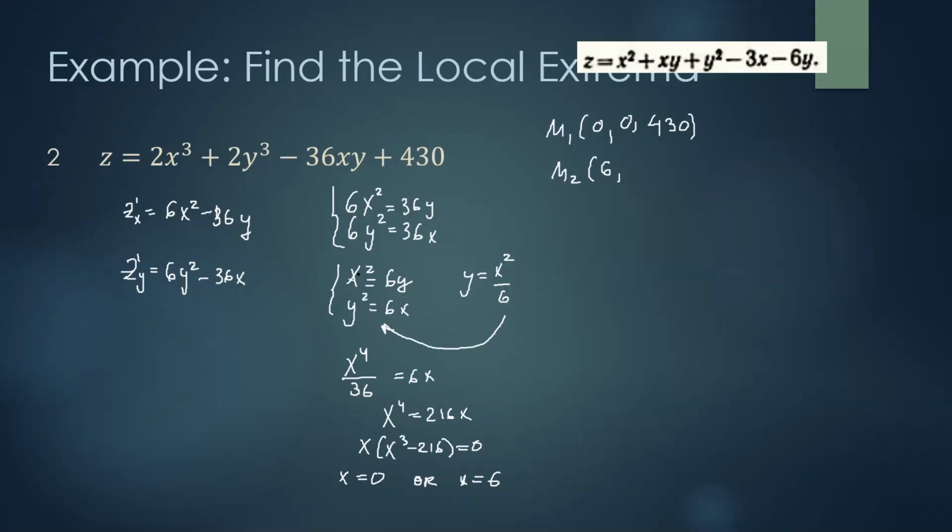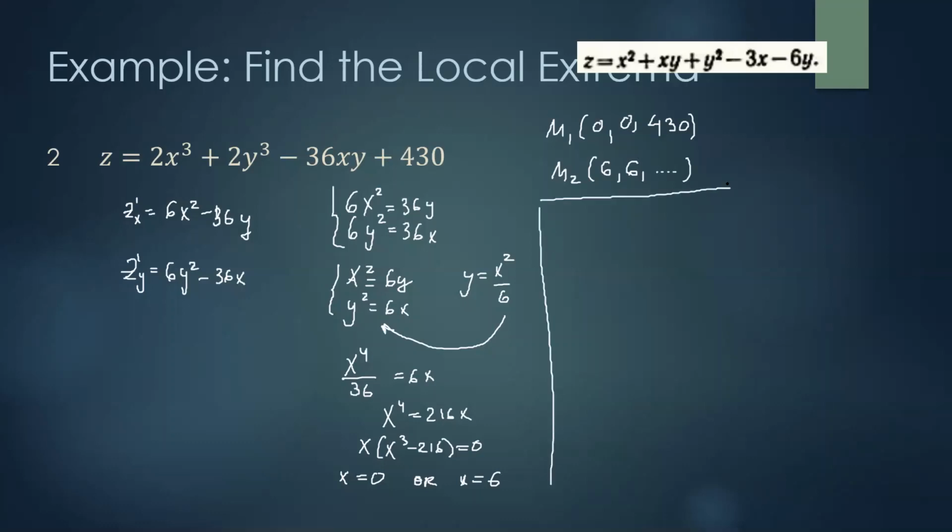Because x squared is positive, so y must be positive. y squared is positive, so x must be positive, or both zeros. So 6, and then we can find the third value, which is not necessary at this moment. But if we need, we can find the coordinate z.